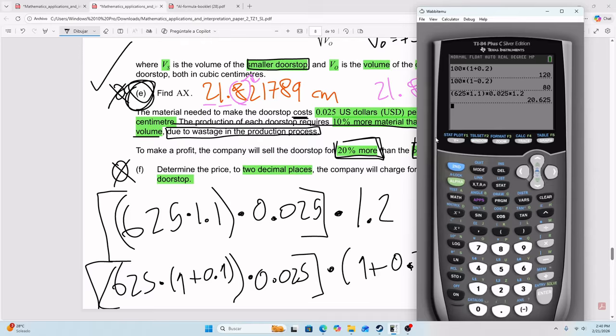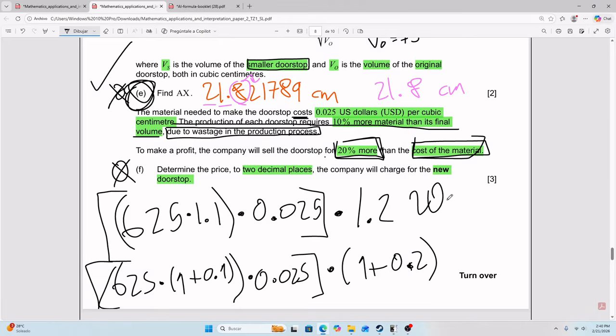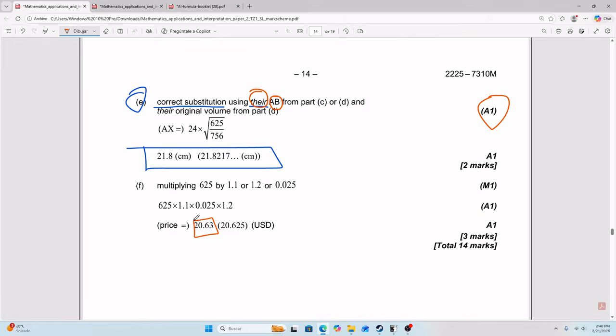Because it's all multiplying, the parentheses don't really matter. That's just for thinking about the exercise. You end up with the price being 20.625. Because you're talking about 2 decimal places, you count 1 and 2, and you round it up, so you would leave it at 20.63 USD.